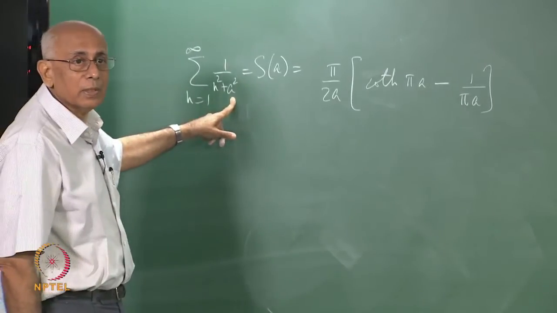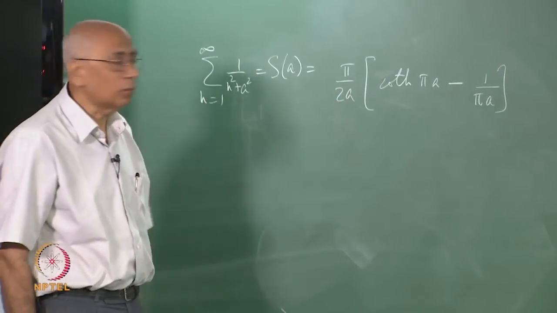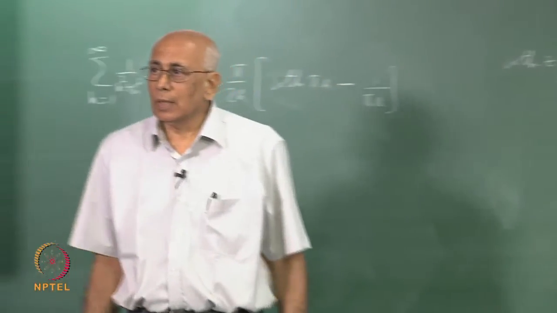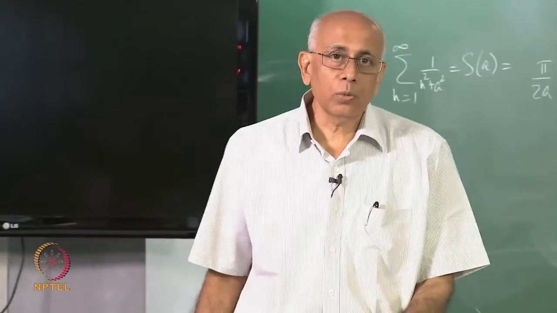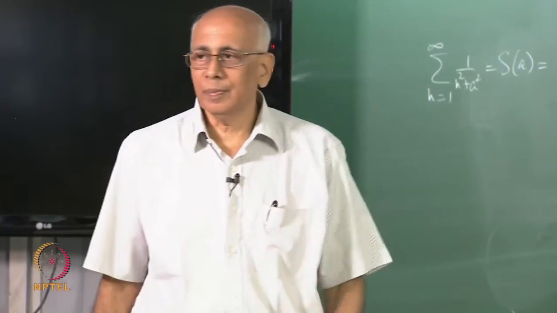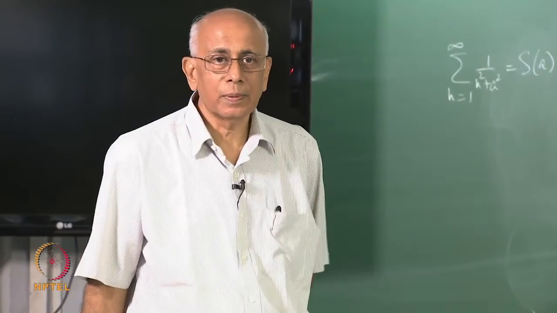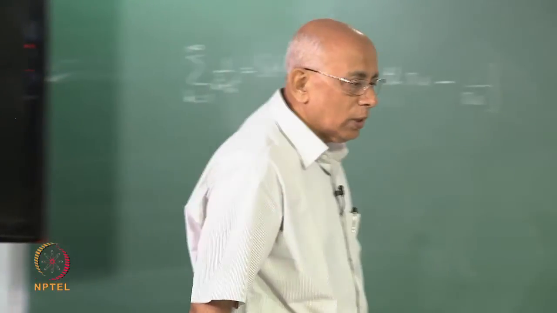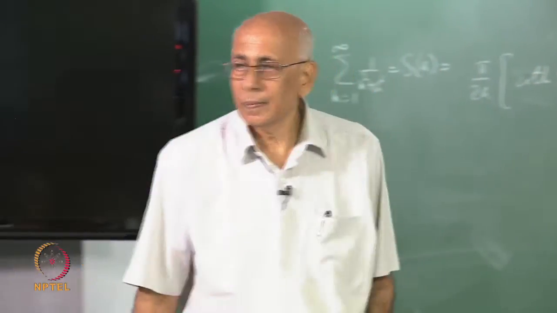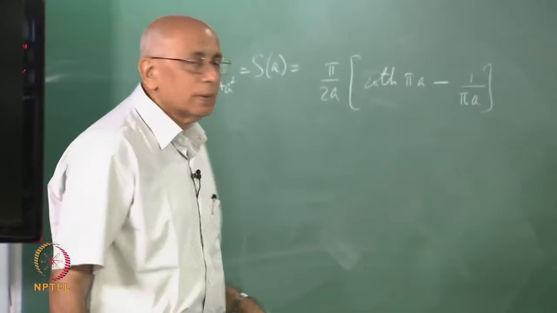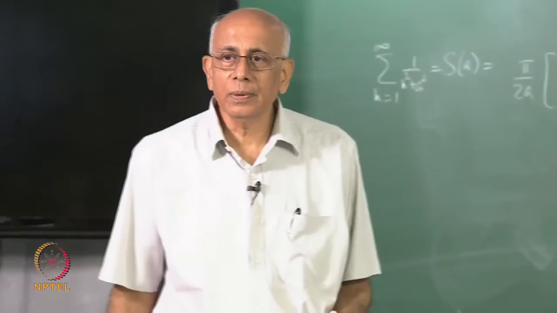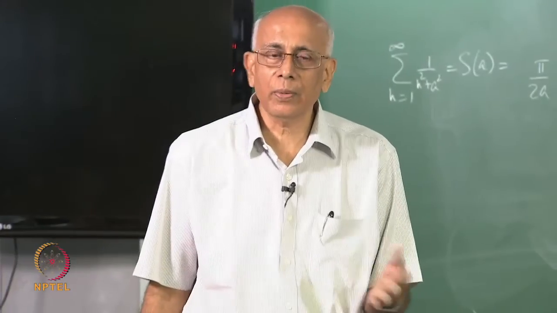I know when a is 0, this is finite. You know the value of this is pi squared over 6, which is what we are trying to prove. So, I need to know what this does as z goes to 0. The leading term has to be proportional to 1 over z, because it is a simple pole at that point. What will be the next term in the regular part? Proportional to what power of z? Will it be proportional to z to the power 0 or z squared?